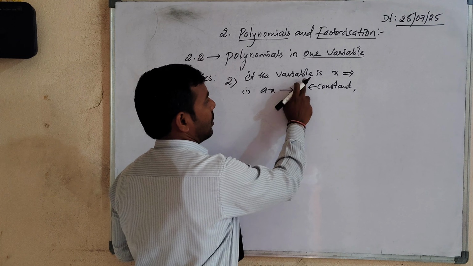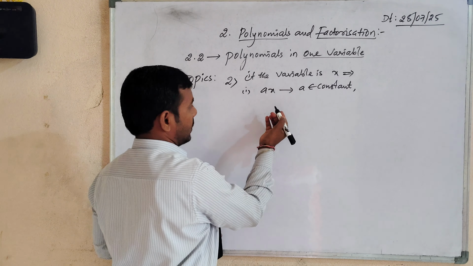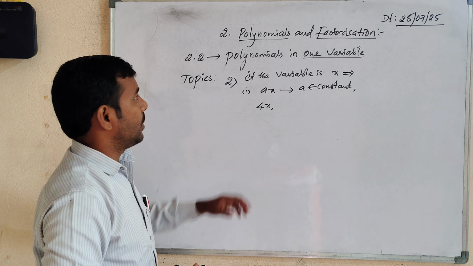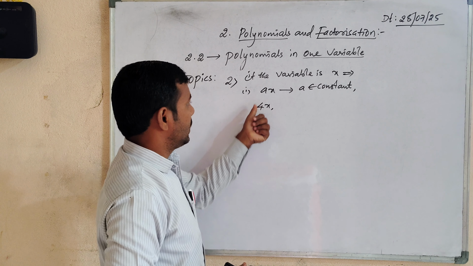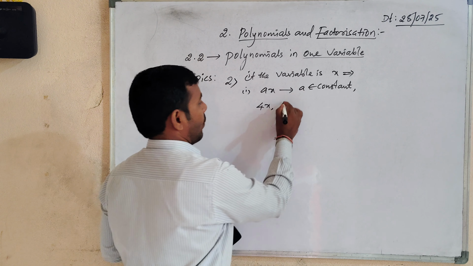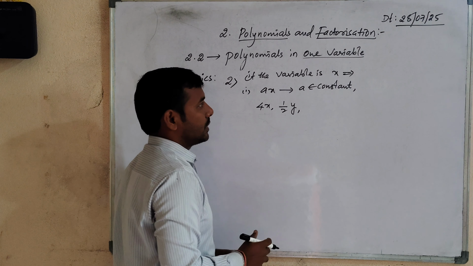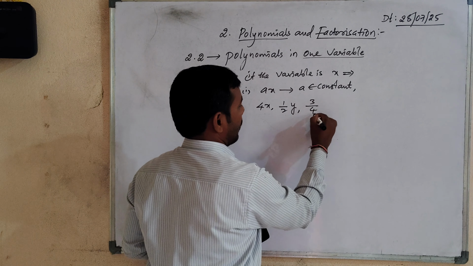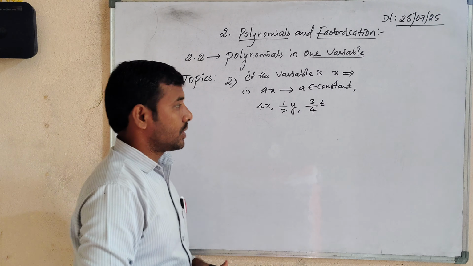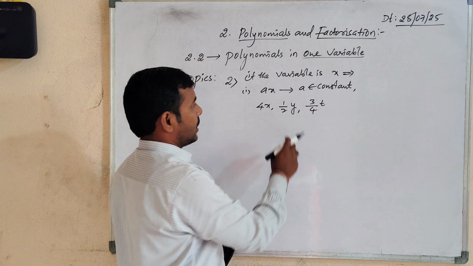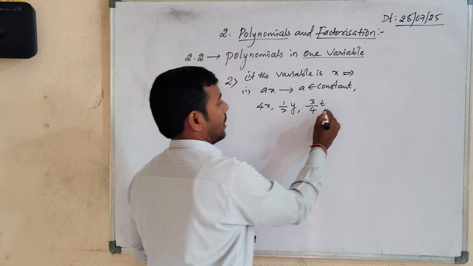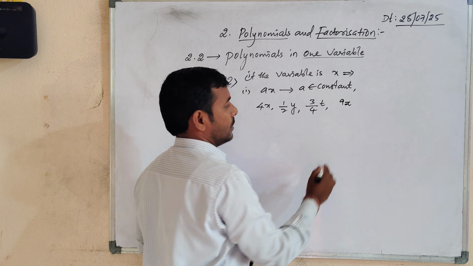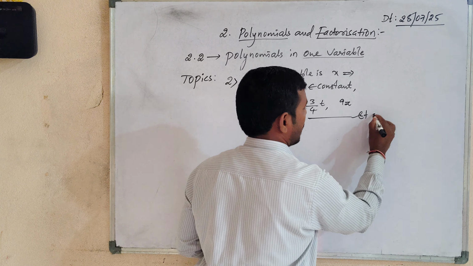However, x is called the variable. So based on this, many examples I want to give. 4x, it is also one of the polynomials in one variable, but it is in the form of ax. Now 1 by 2y, yes, it is also this type. Now 3 by 4 t, yes, this is also an example of this condition. Now 9z. In such a way we can write many.